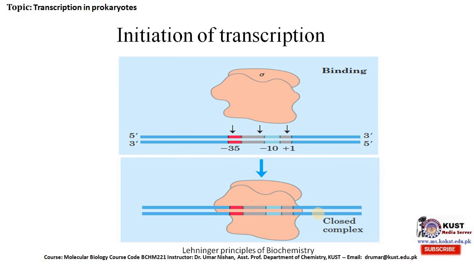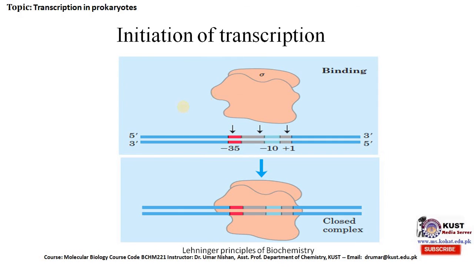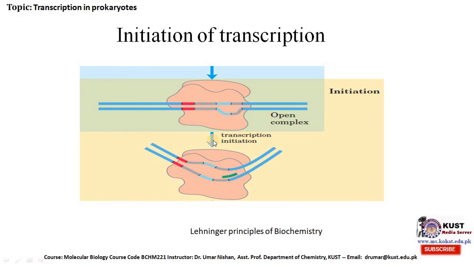Once this closed complex is formed, the process of initiation of transcription begins. In the closed complex, the RNA polymerase is stably bound to the DNA, but the DNA is not unwound.